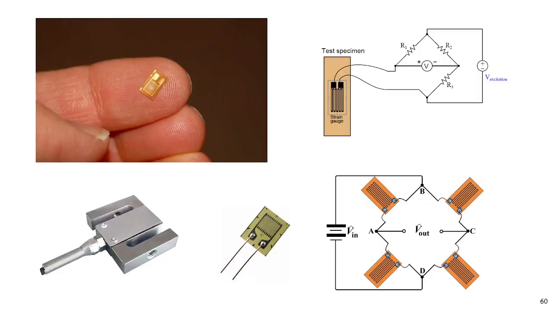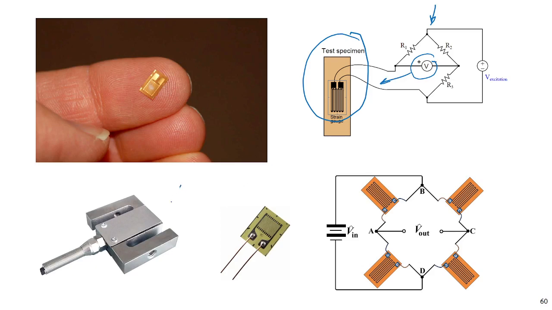Okay. Here is the photo of a strain gauge, right? We can put this gauge here, and what is this circuit? It's a Wheatstone bridge, and this voltage can represent the resistance of the gauge, right?